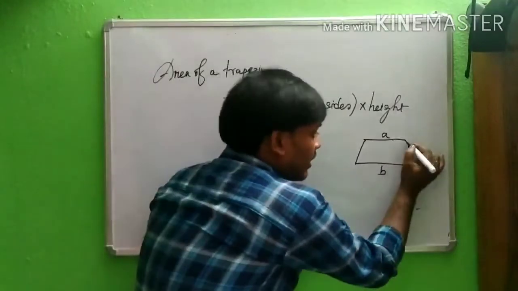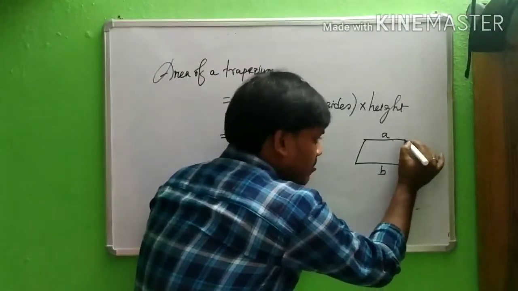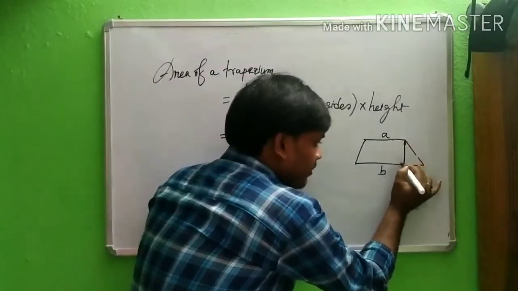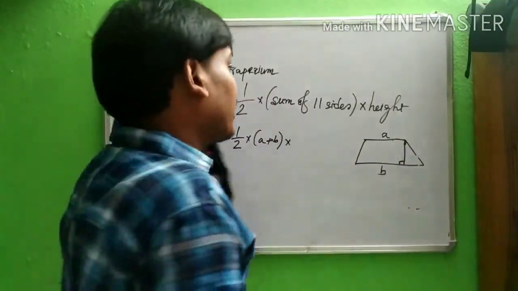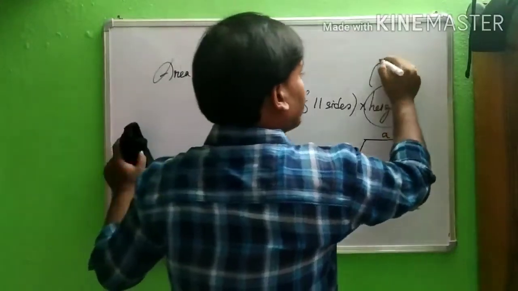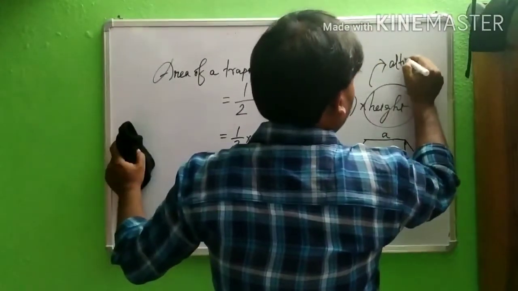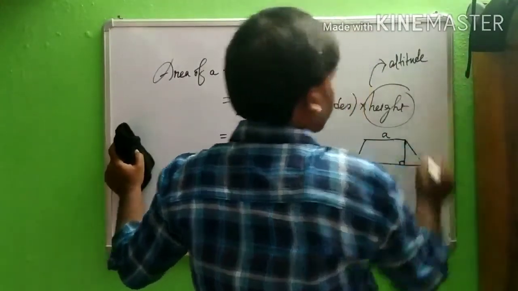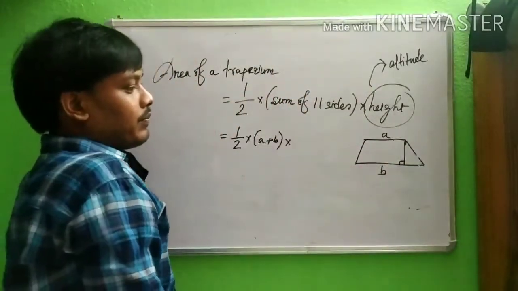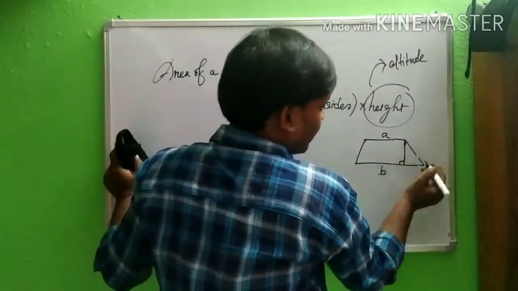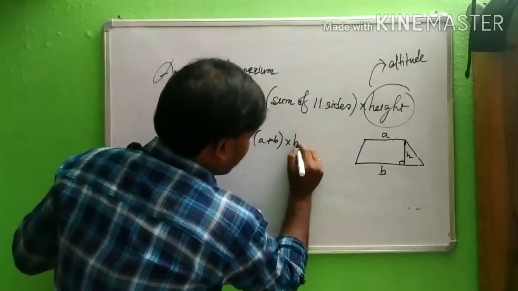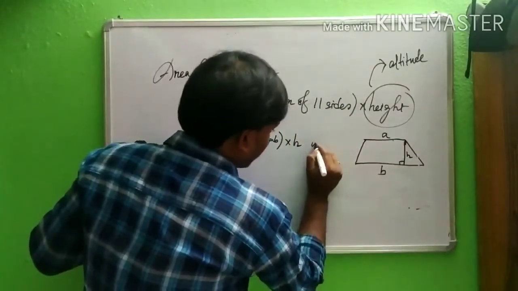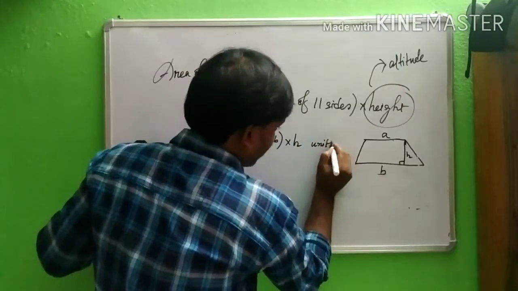Or if you draw a perpendicular from this point, then this becomes the height or altitude. This height is also called altitude. Okay. If the value of this one is h, then the formula becomes half into a plus b into h, square unit or unit square.